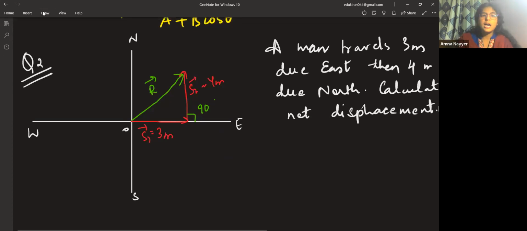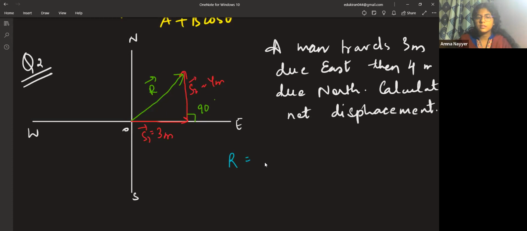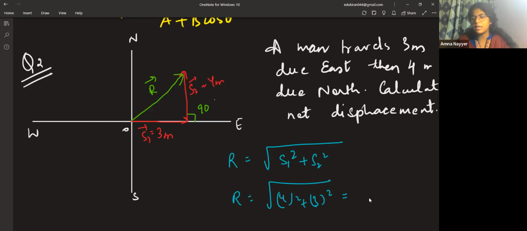So R is equal to under root s1 square plus s2 square, that is 4 square plus 3 square. It's a Pythagorean triplet, so that will be 5 meters. When we talk about beta also, very easy question.